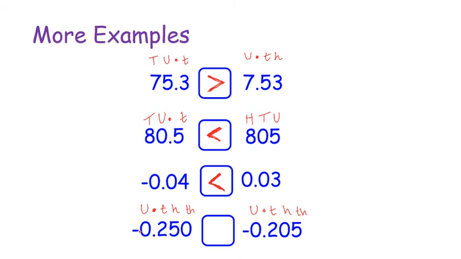However, this one with the 250 after the decimal point is actually a lot more negative than this one with the 205 after the decimal point.